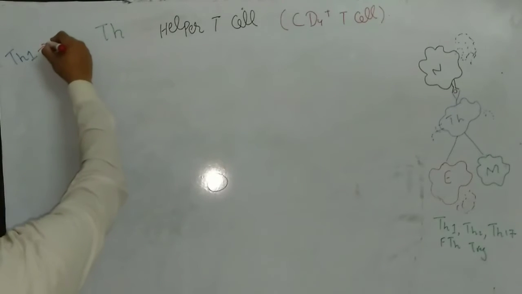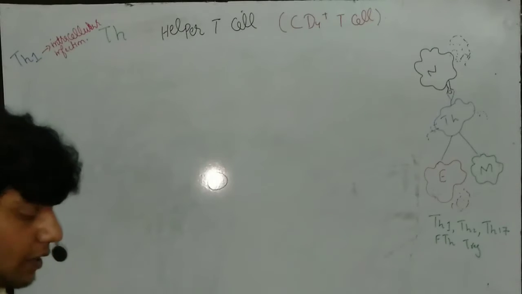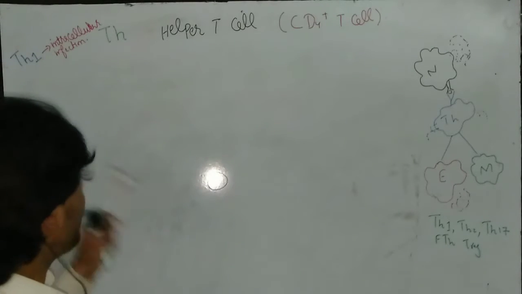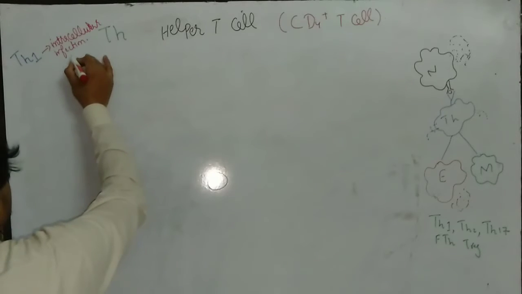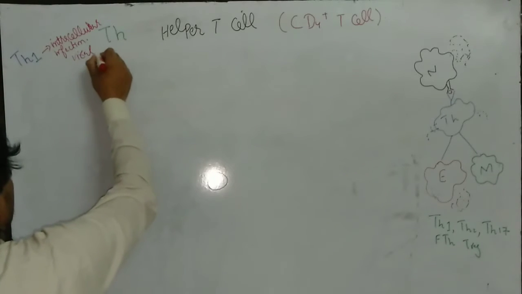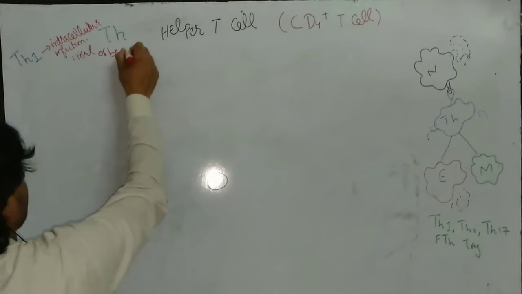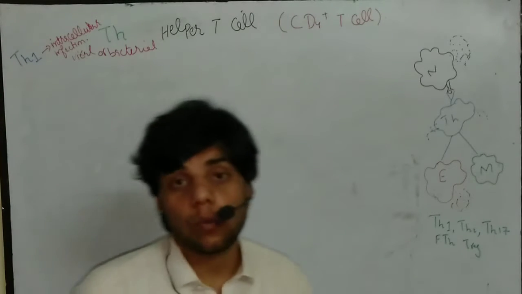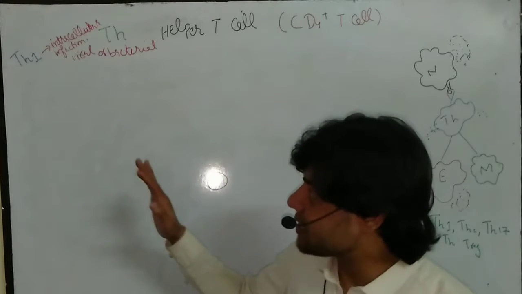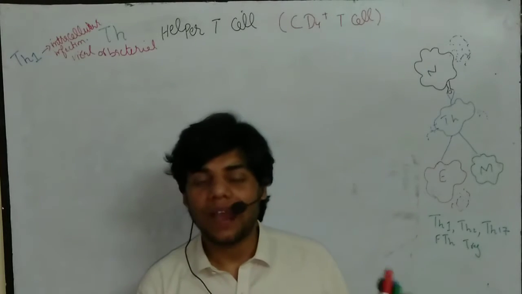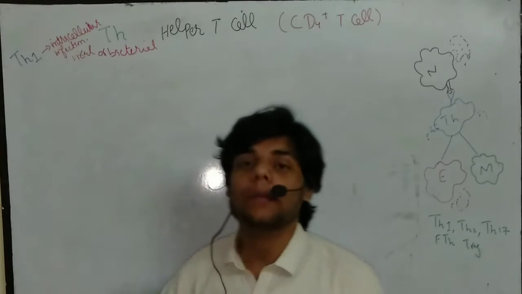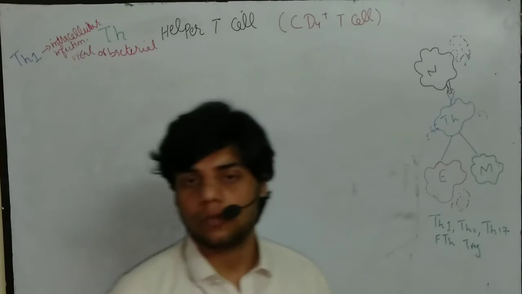So it will be activated against intracellular infection, meaning if the cell got infected, either viral or bacterial. So it means that helper T cell 1 will be activated when there is a bacterial or viral infection or any intracellular infection. Then helper T cell 1 will get activated.